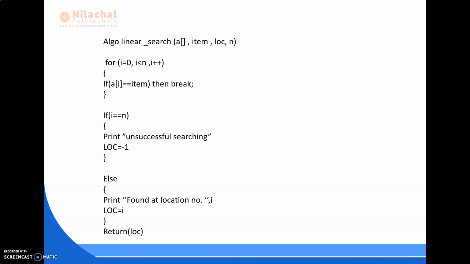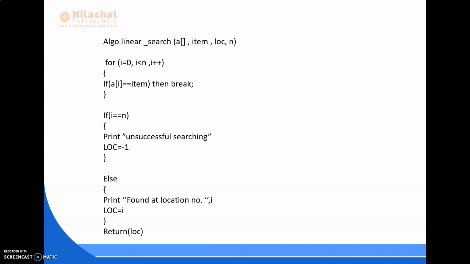If this condition is satisfied, then two things happen. One, I will be incremented by 1, and there will be a check whether A of I is equal to item or not. If it is equal to item, then we will come out of the loop.